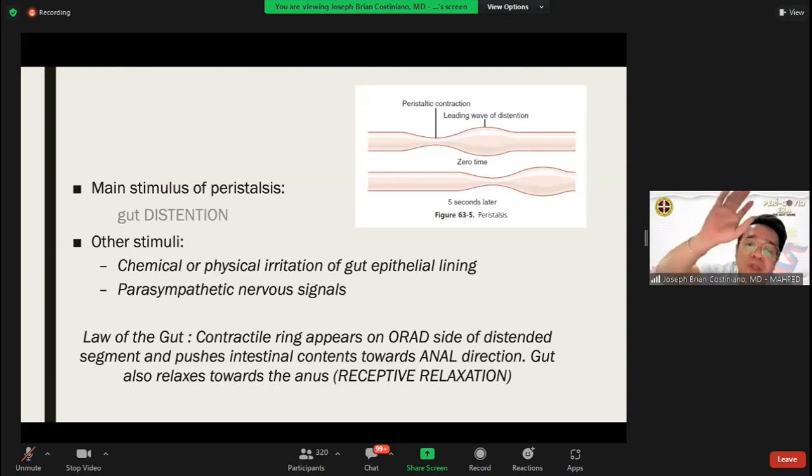And in order for you to push the food, you will have a contractile ring that appears on the orad side, or from the superior, or from the proximal side. And then you will have this receptive relaxation towards the anus para ma-receive niya yung leading wave of distension. So that's just really what you mean by the law of the gut, no?